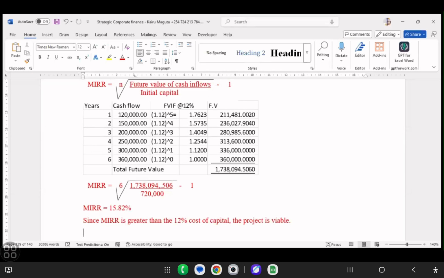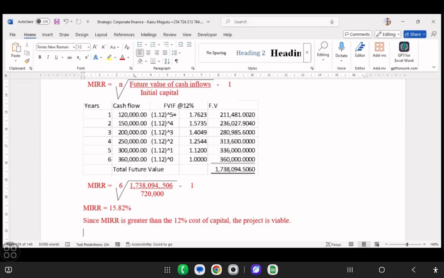When you get the cash flow in year one, 120,000, we say that the cash is not kept. It is invested or reinvested to earn more cash flows during the remaining life of the project. Because you are at the end of year one, you have year 2 to year 6, those are 5 years. The one you earn in year 2, you have year 3 to year 6, those are 4 years.